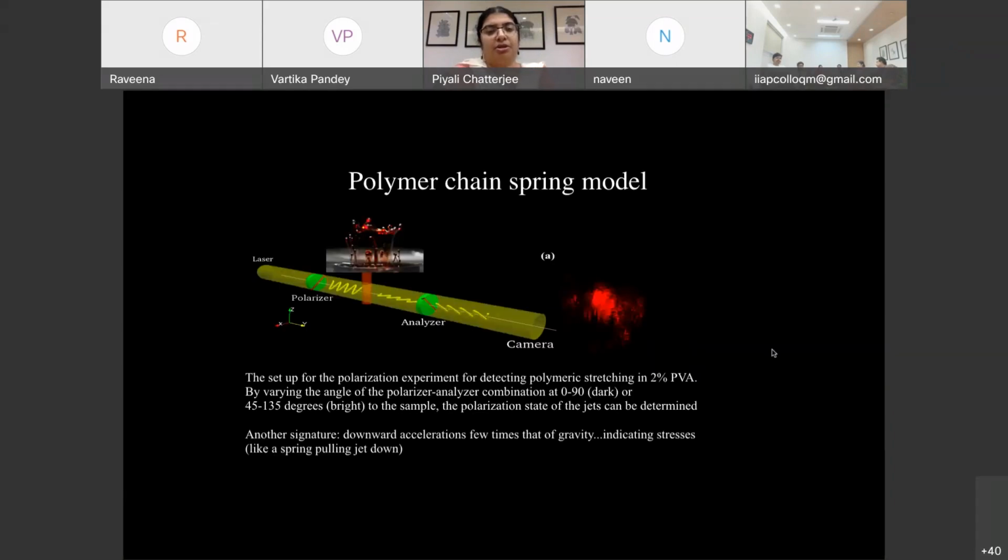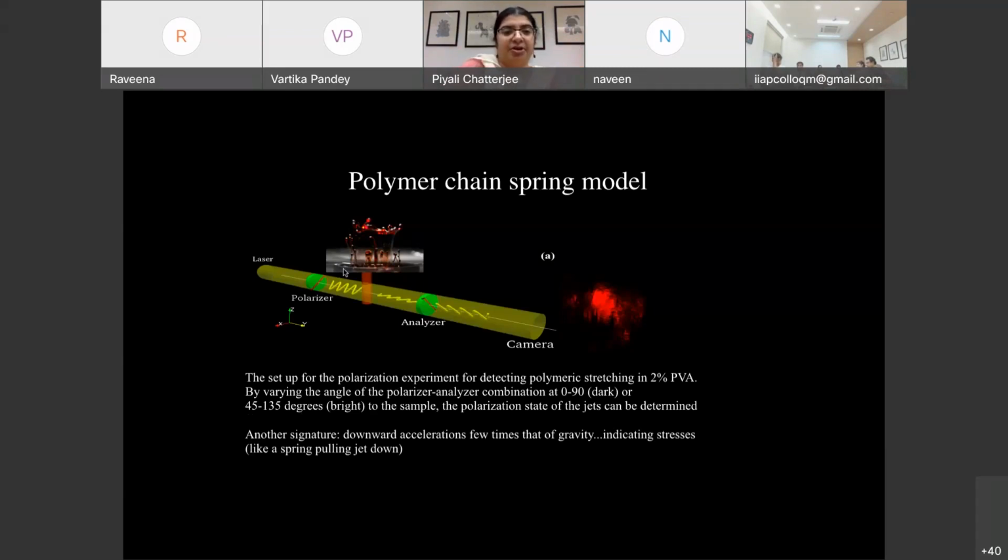So basically we place the experiment between a polarizer and analyzer, and we adjust the angle of them. So at a particular angle, you see a dark field of view, whereas when you turn the polarizer and analyzer and keep them at 45 to 135 degrees relative to each other, the field of view is brightened.